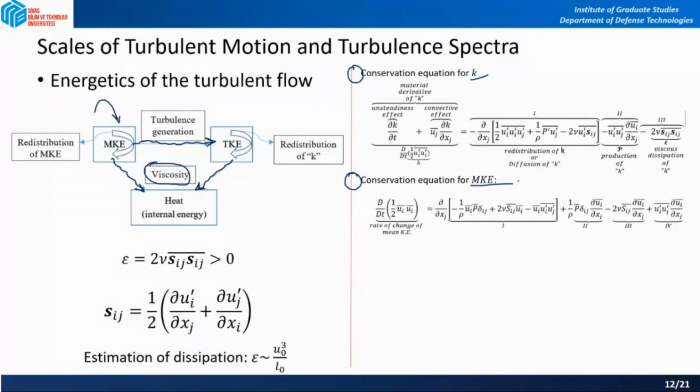We said that we need to know the value of this epsilon that comes in the turbulent kinetic energy transport equation. How do we find the value of this?